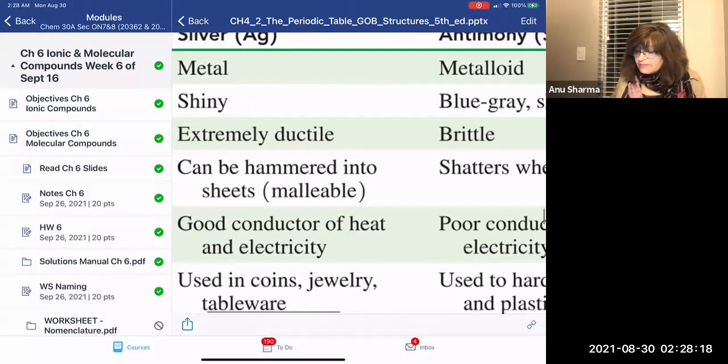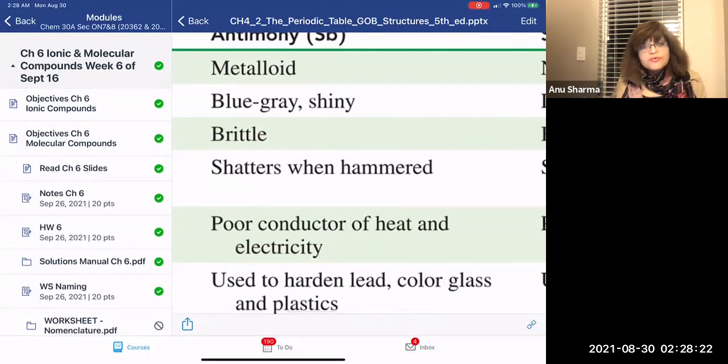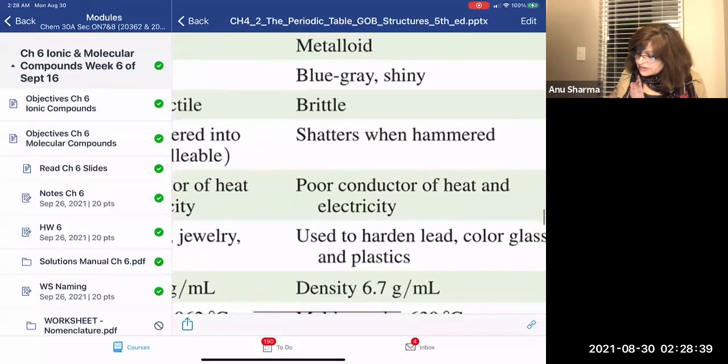Here we have that metals are good conductors of heat and electricity. Metalloids are poor conductors of heat and electricity, or they're semiconductors. That is why silicon is used as a semiconductor in computer chips. Okay, so poor conductors of heat and electricity.